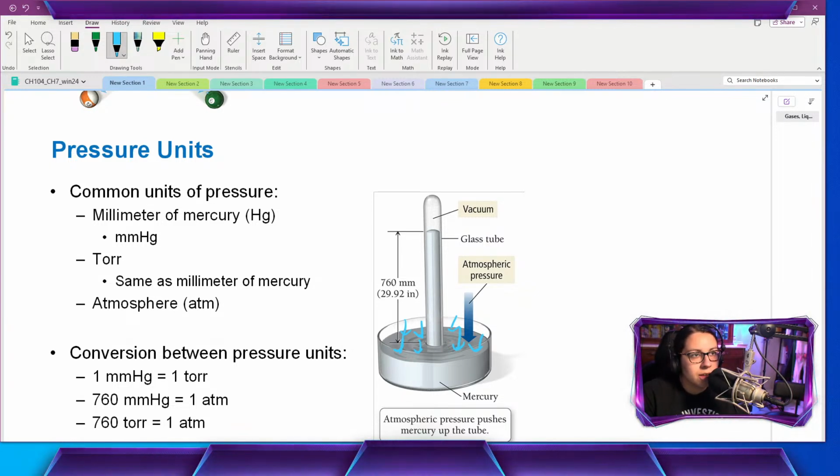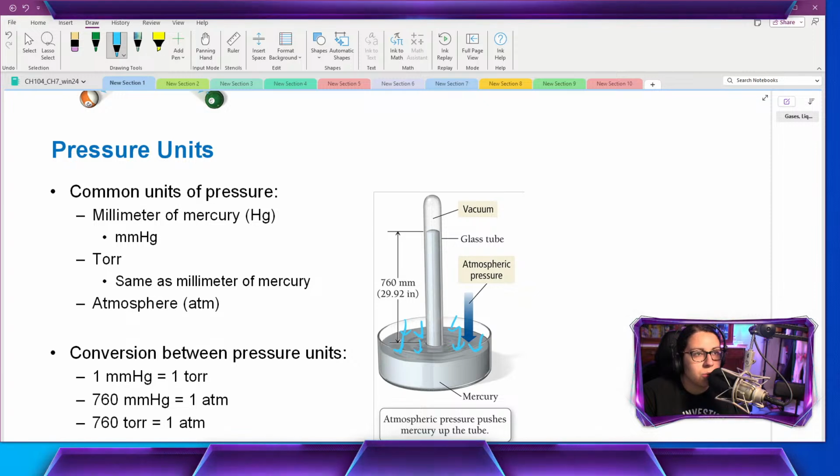Here's our glass tube that's under a vacuum. All these little collisions start driving the mercury up, and it's driven up by however many collisions there are. Again, this corresponds to 1 atmospheric pressure.